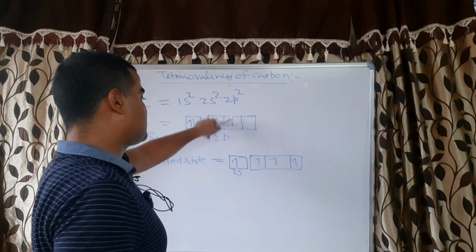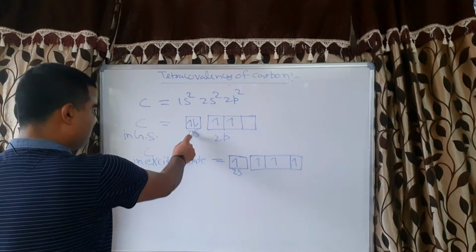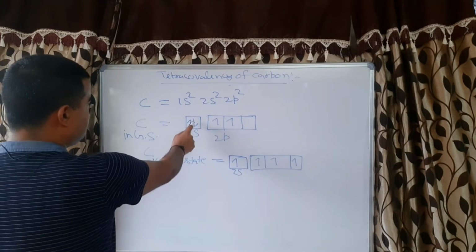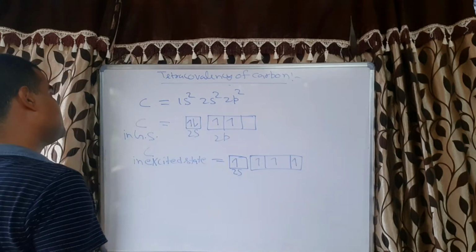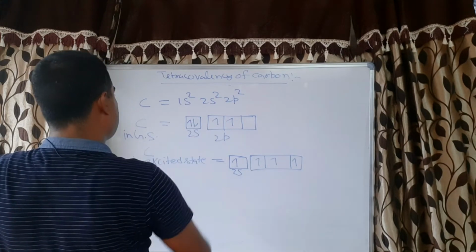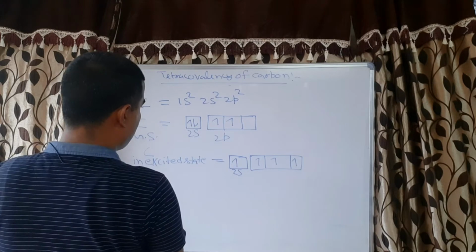For sharing of electrons, 1 electron is already there and 1 electron will come from the other atom. Since this 2s orbital already has 2 electrons, these 2 electrons cannot share, because in an orbital a maximum of 2 electrons can be occupied.